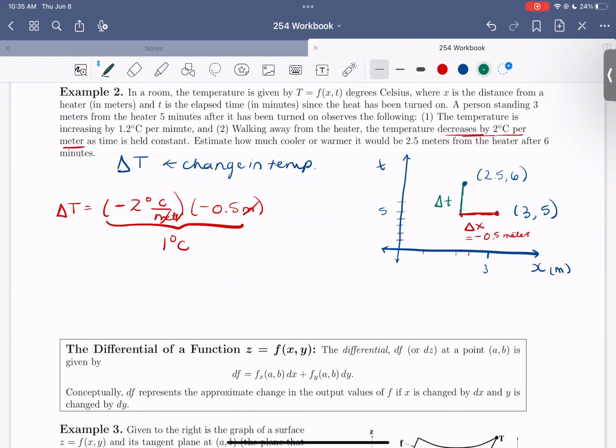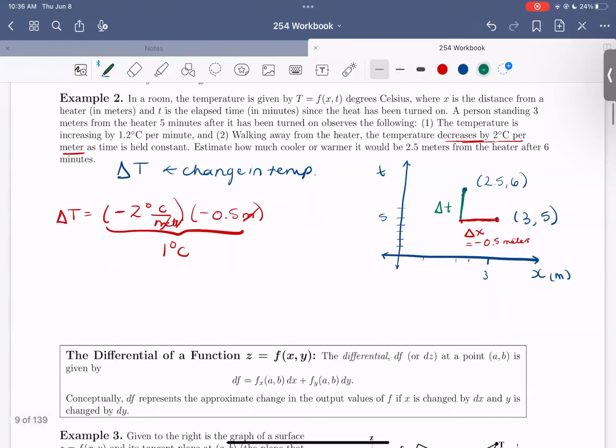So now we're considering moving 1 minute later. So we want to ask the question, how does the temperature change as the time changes? We're told that the temperature is increasing by 1.2 degrees Celsius per minute.